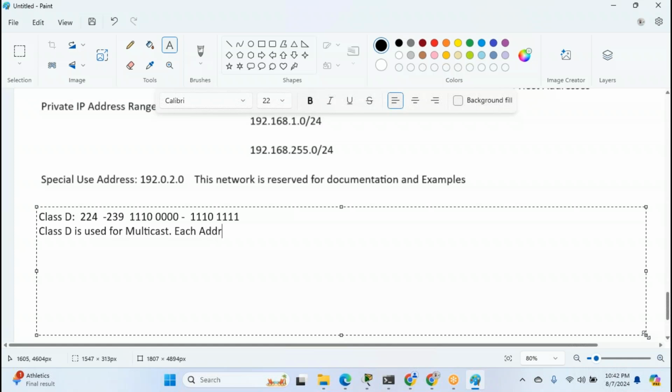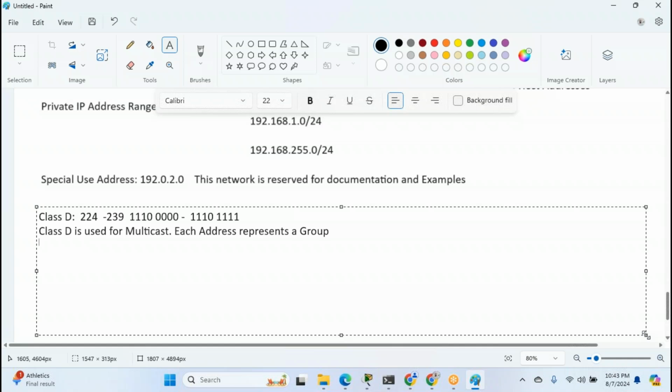Each address represents a group. There is no network portion and no host portion. Class D addresses are further divided into different categories.